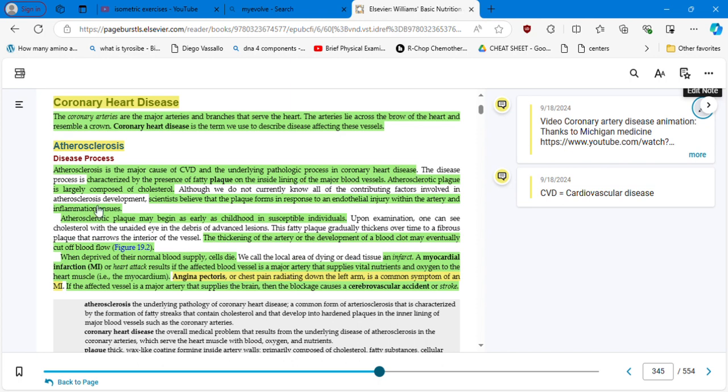Atherosclerotic plaque is largely composed of cholesterol. Scientists believe that the plaque forms in response to an endothelial injury. When I say endothelial, I mean the inner layer of the vessel within the artery, and inflammation ensues. Atherosclerotic plaque may begin as early as childhood in susceptible individuals.